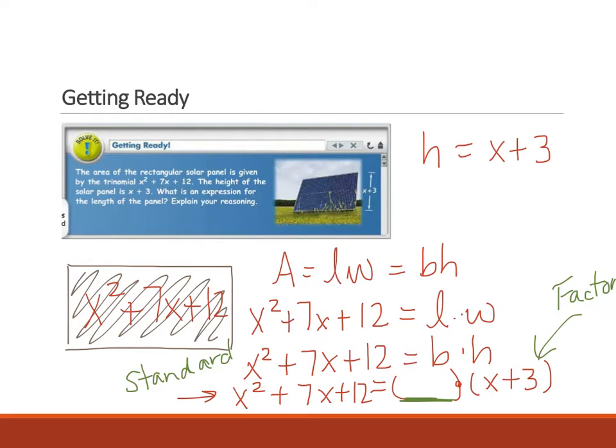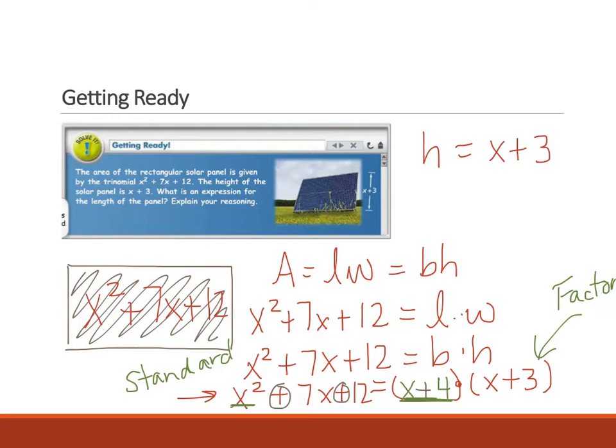I know that x times x would give me x squared. What number should I put here so that if I were to multiply it by 3, I would get the 12? Well, that number really is a 4. And since both of the signs here are positive, that tells me both of the signs within my binomials are also going to be positive.